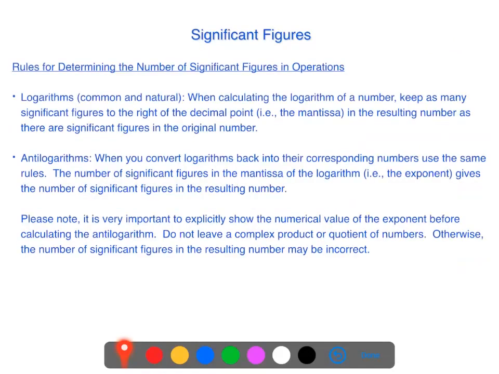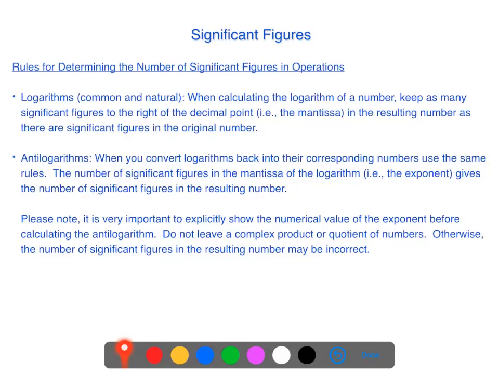Now, the rules for determining the number of significant figures in logarithms, both common and natural, and anti-logarithms are as follows. For logarithms, when calculating the logarithm of a number, keep as many significant figures to the right of the decimal point in the resulting number as there are significant figures in the original number.